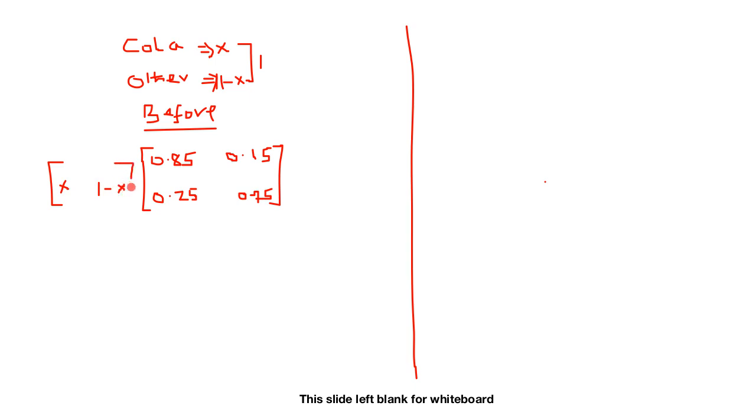When we multiply this, this is a 1 by 2 matrix and this other one is a 2 by 2.